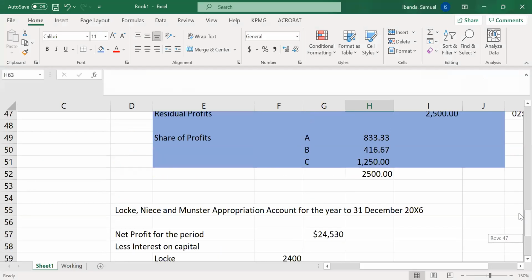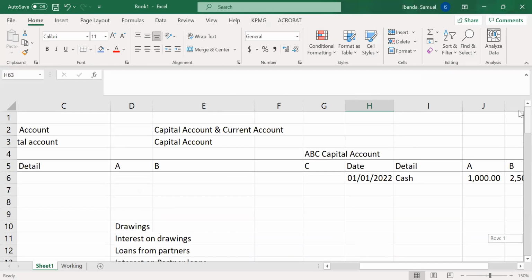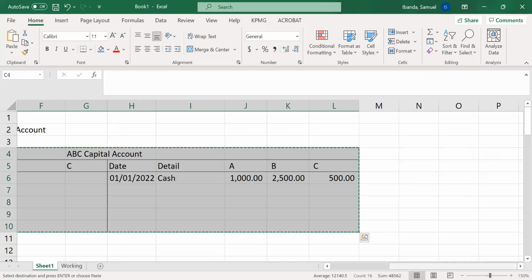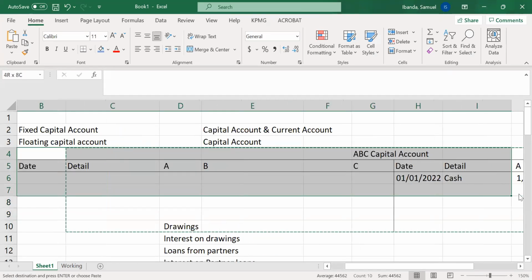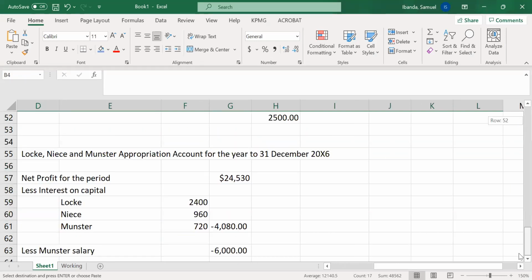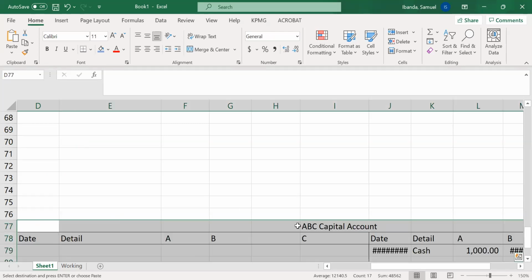Just make sure that once you finish one thing, you should be able to finish the other. So I'm just going to pick this. You make sure that on your paper, you leave some space and put up your capital account.